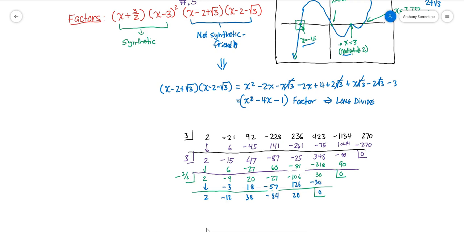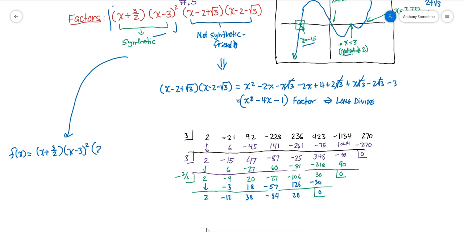But right now, taking care of these guys, I can now say with the synthetic division that f of x is now x plus 3 halves, x minus 3 squared, times, now again, going with it, this should now be a 5th degree polynomial.